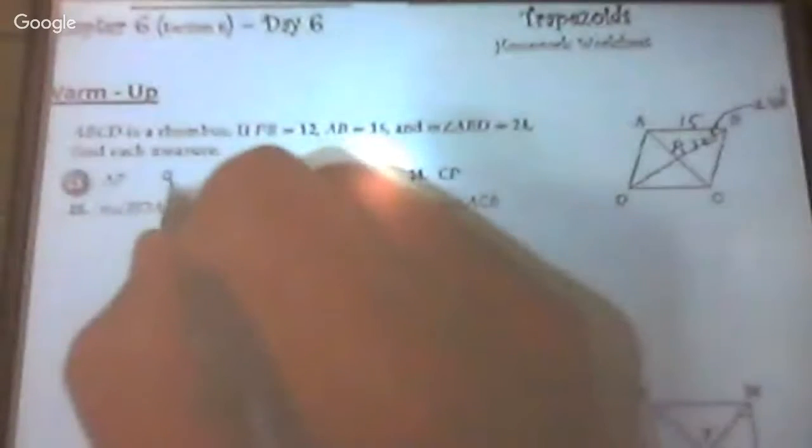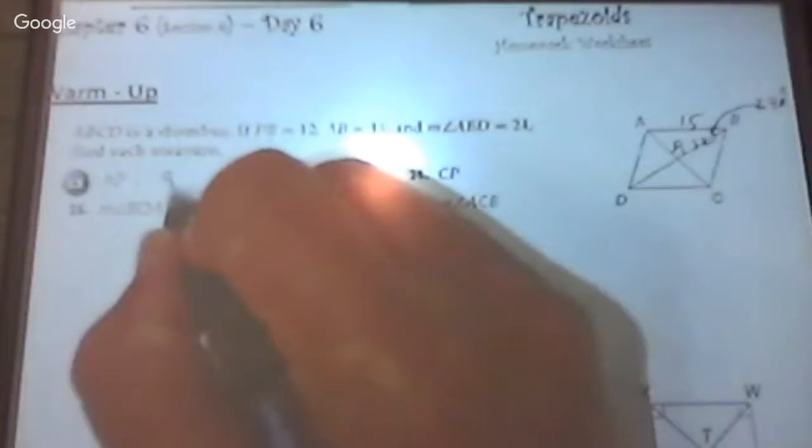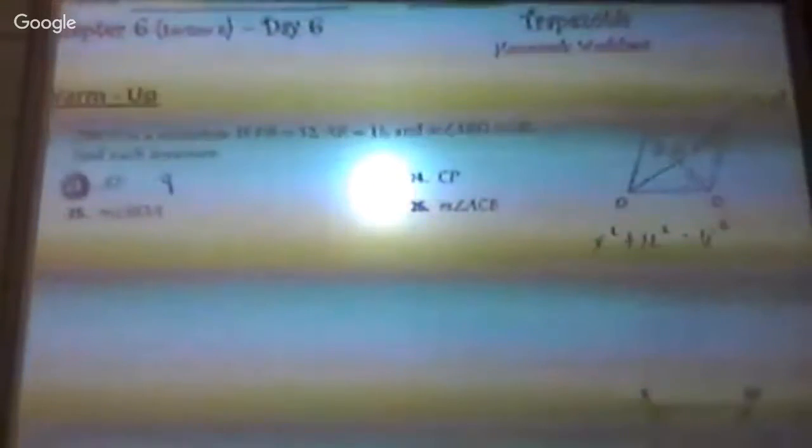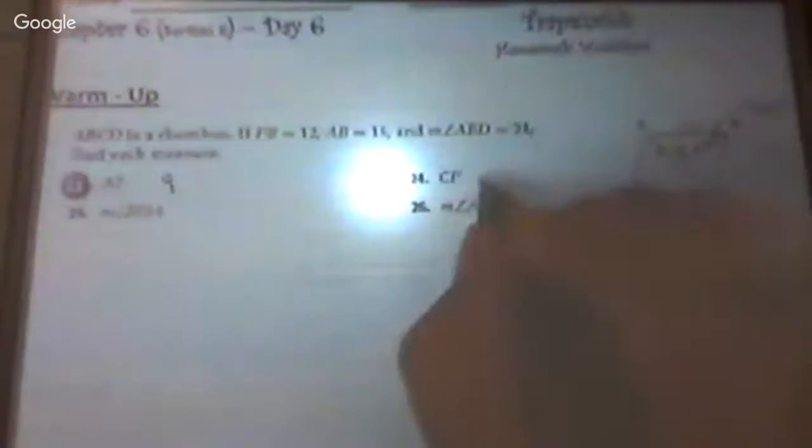This one's actually 9. The reason why, this is x squared plus 12 squared equals 15 squared. And if you use the Pythagorean theorem there, you can find that side, and it will be 9. CP, C to P. If this one's 9, this one's 9.